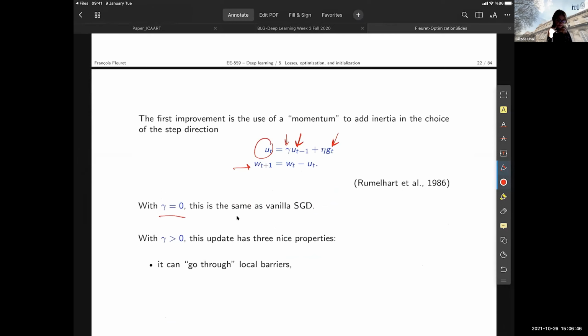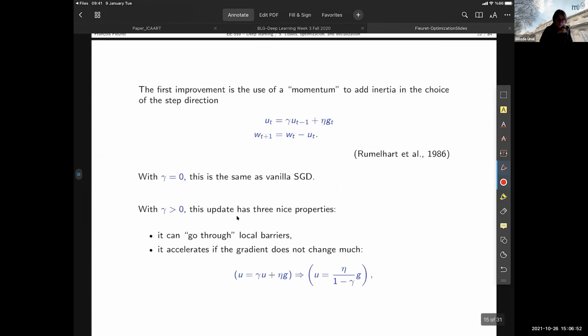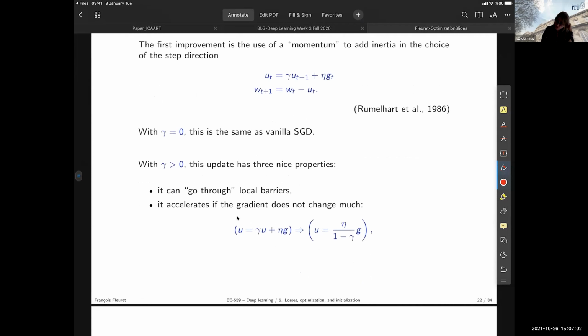The hypothesis these people are saying is that it can go through local barriers. It accelerates the gradient if the gradient does not change much. This is shown through the equation, which is correct, because we're using u, and u is gamma u plus eta g.